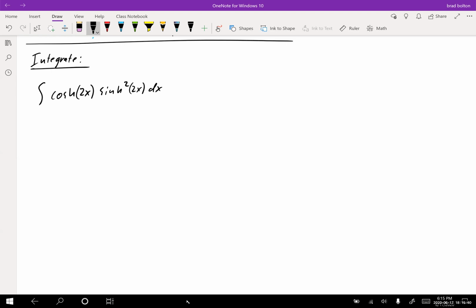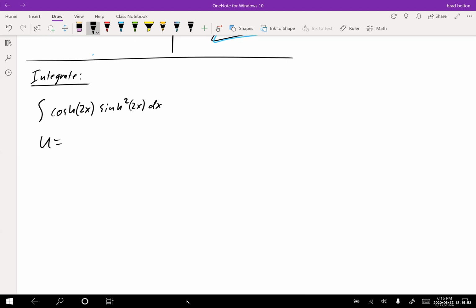So we have the integral of cosh 2x times sinh squared 2x dx. So we have to decide what technique we're going to use. Looks like a pretty straightforward u-substitution. So I'm going to let u equal sinh of 2x.